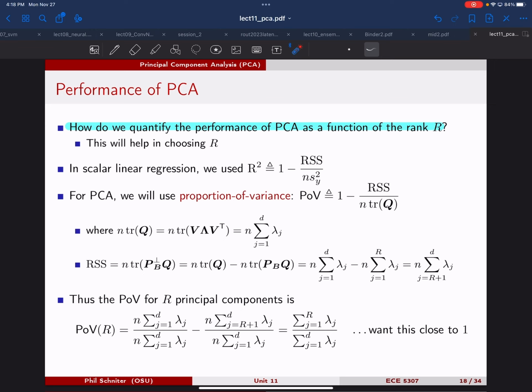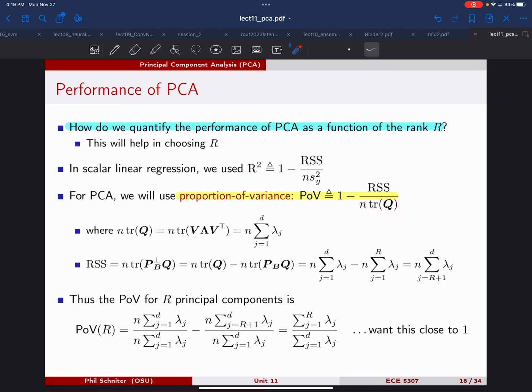You can think of n times s_y squared as the total amount of energy, or maybe you can say n times the total variance in the thing you're trying to predict, right? We're trying to predict the targets. So in the denominator here, we have something like the target variance. For PCA, we're using essentially the closest thing possible to R squared. It's now going to be called proportion of variance, but the way that it's defined is 1 minus RSS over, again, n times the variance of the thing we're trying to predict.